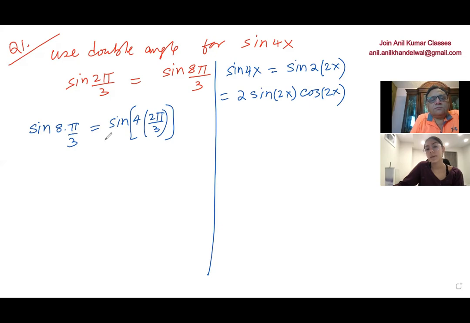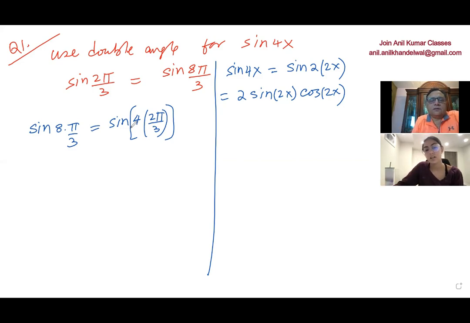Then you have to expand: 2 sine 2x is 2 sine x cos x, times the derivation of cos 2x. You can use either one. You can use cos squared x minus sine squared x, and then solve going from there.